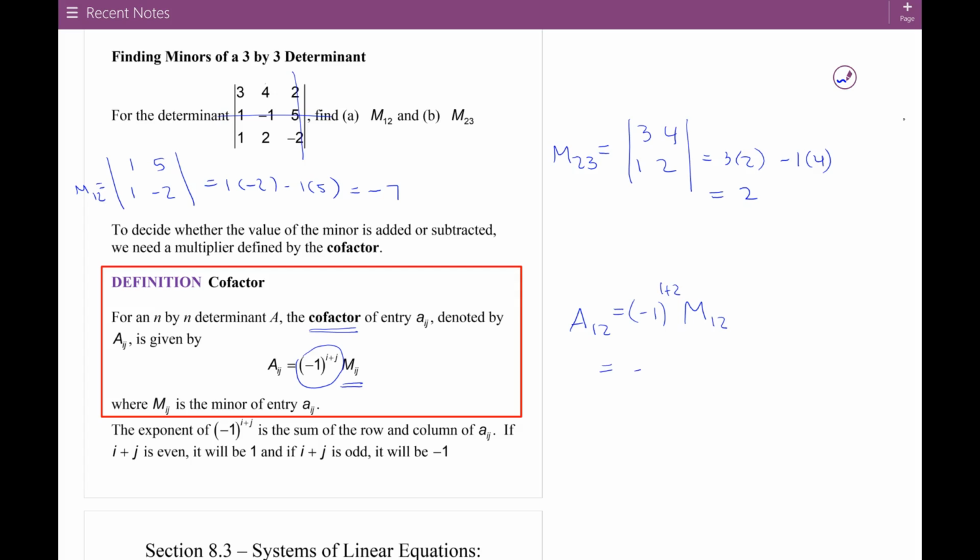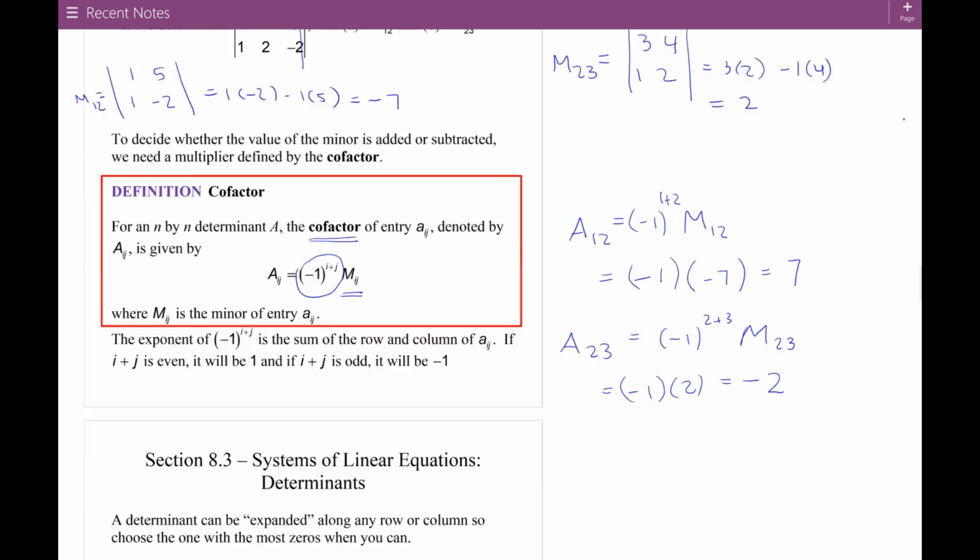So negative 1 to the 3 is negative 1. And then I got negative 7 for my minor, so the cofactor is positive 7. Then for the cofactor 2, 3, I'll have negative 1 to the 2 plus 3 times the minor 2, 3. So that's negative 1 to the 5, which is negative 1, times the 2. So the cofactor 2, 3 is negative 2.